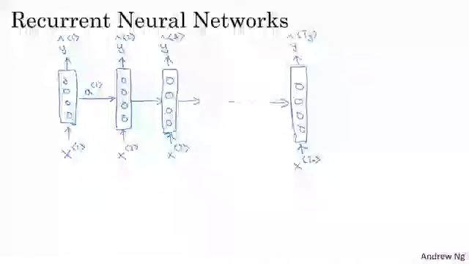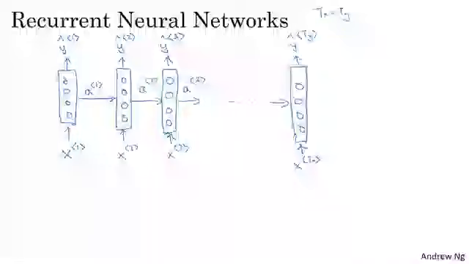At least in this example, Tx is equal to Ty, and the architecture will change a bit if Tx and Ty are not identical. And so at each time step, the recurrent neural network passes on its activation to the next time step for it to use.